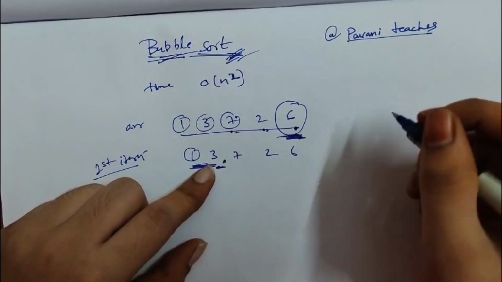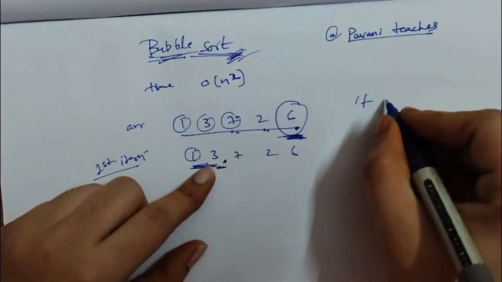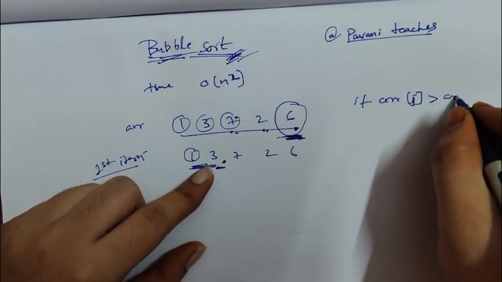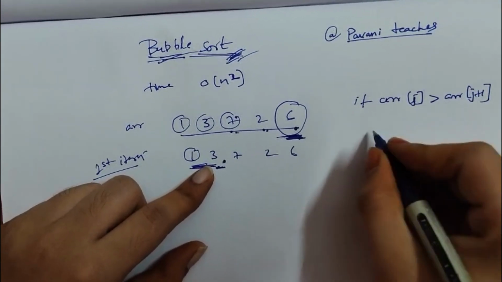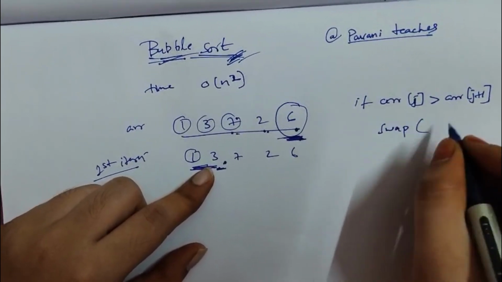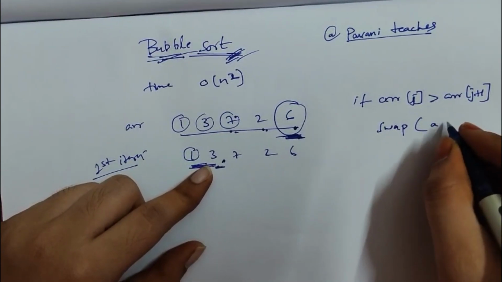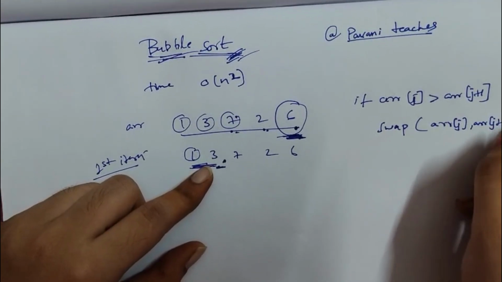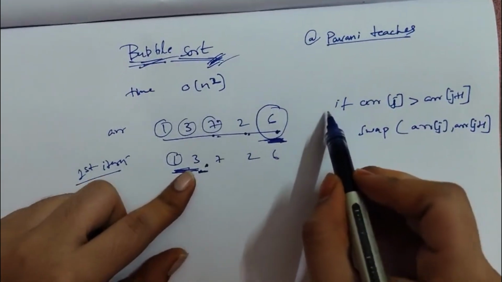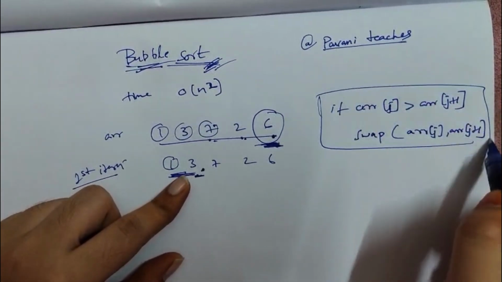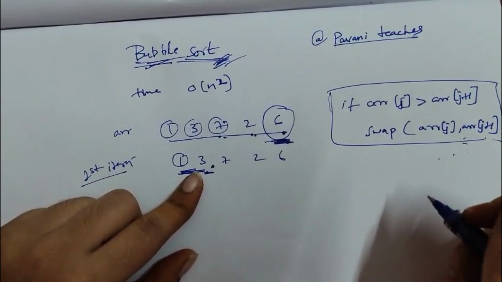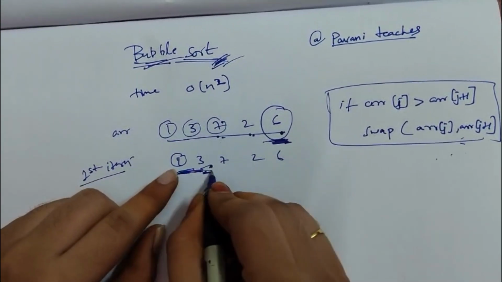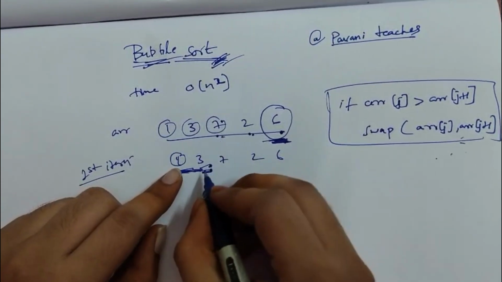Here we have to check the condition: if array of j is greater than array of j plus 1, then swap array of j and array of j plus 1. This is the logic we use throughout the bubble sort, in every phase. Now as 1 is smaller than 3, we do not need to swap the numbers.